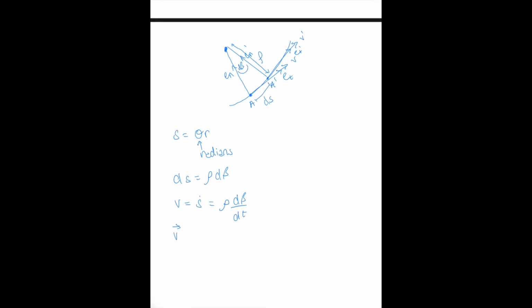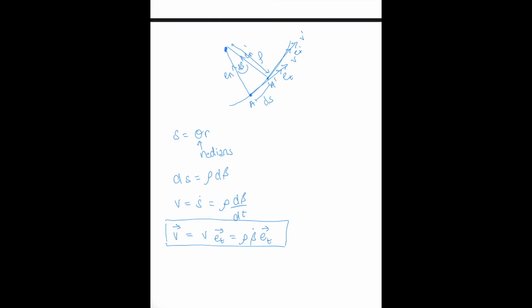The vector of the velocity is going to be equal to v et, rho beta dot et, the tangential unit vector. So this is one important equation that we need to remember.